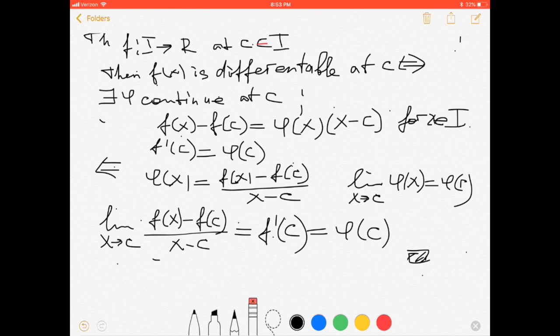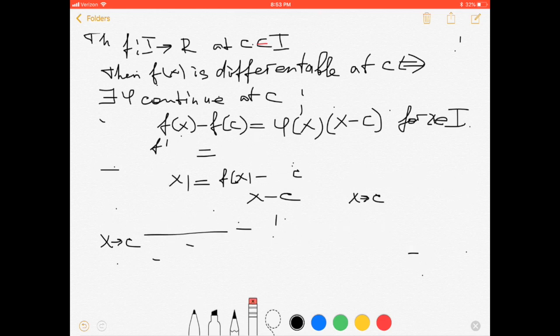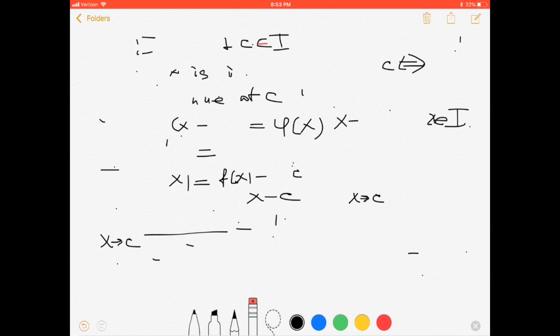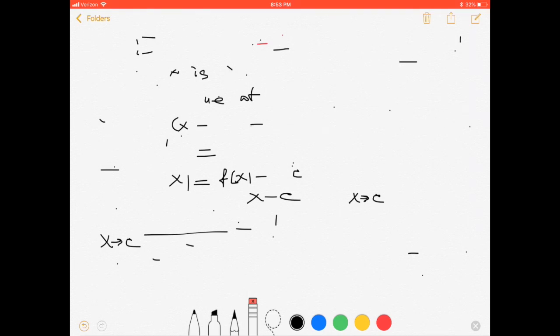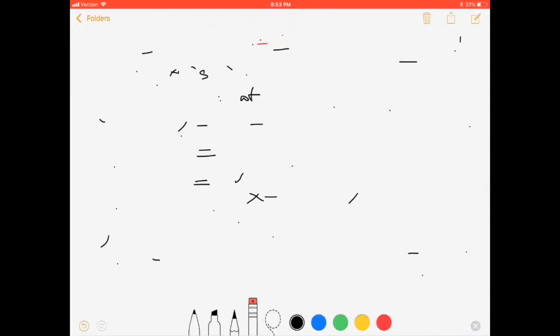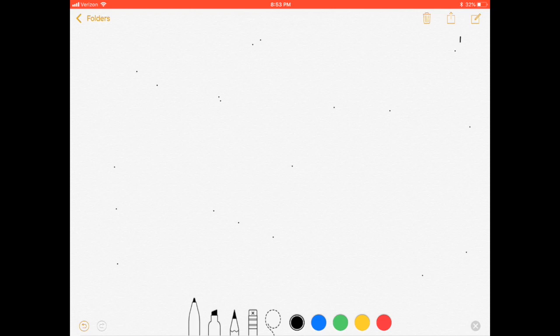This theorem we can use for proving our chain rule. I will not prove it in class. You can read it in a book, because the chain rule is a very useful rule and you study this theorem in your calculus class. But now we only remember how this theorem works. Okay, let's go to the theorem.